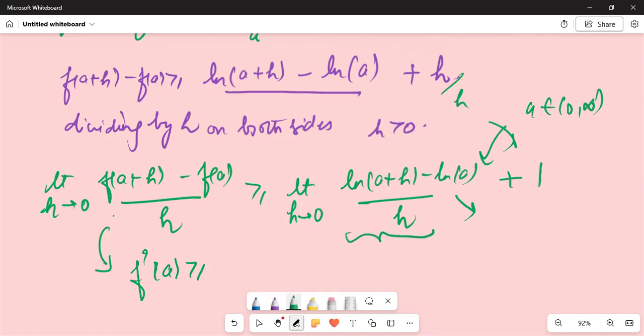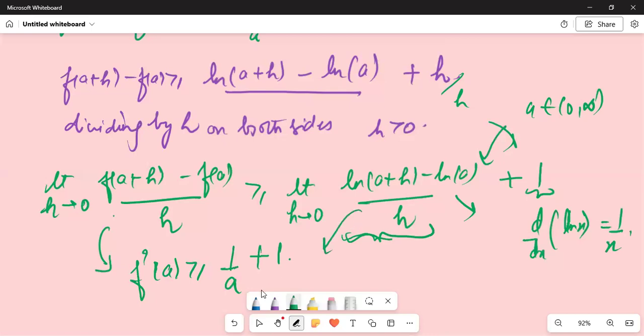And you know that the derivative of ln x is 1 by x. So this is nothing but the derivative that we're calculating using the first principle, and you'll get this plus 1. 1 is as it is, and the limit is just the first principle applied for the natural log function.